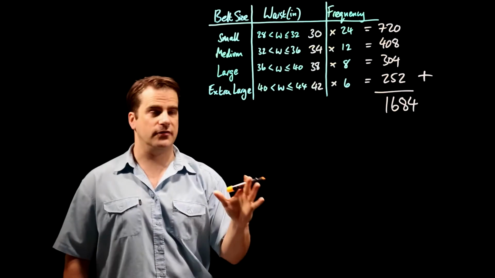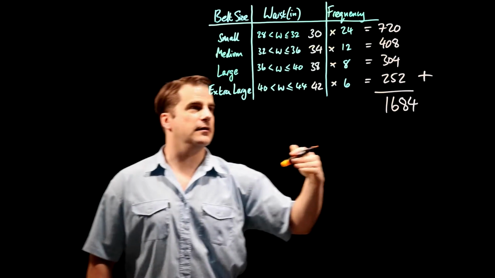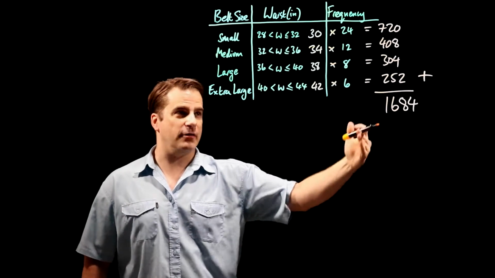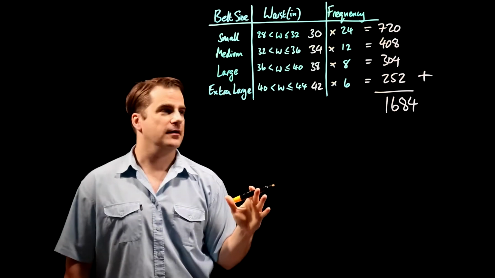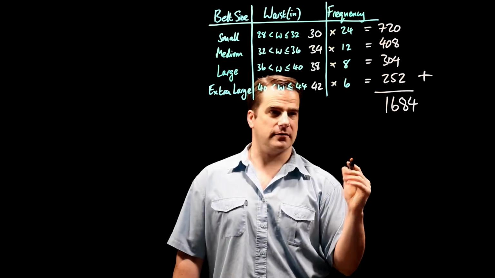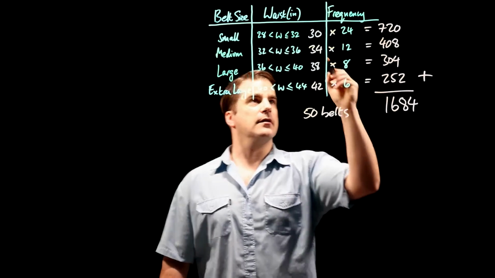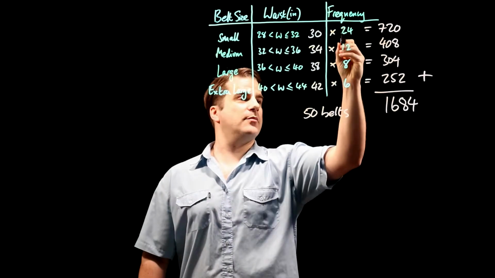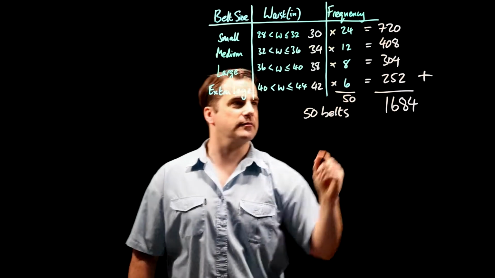Okay, so what we've done is work out the total length of all the belts in inches, okay? And we know that there are 50 belts. We're told that in the question, but if you add up the frequency column, it comes to 50, as it should do.